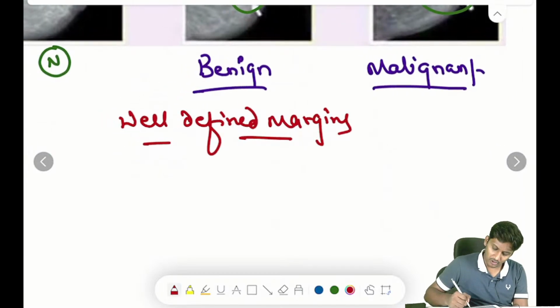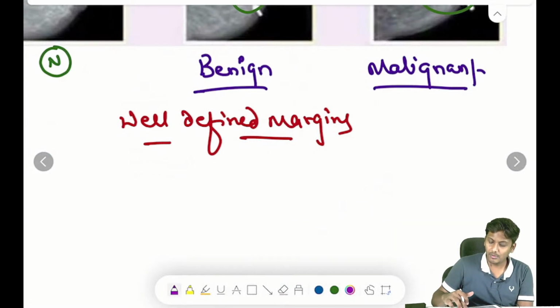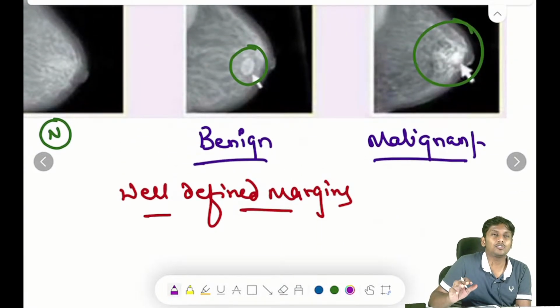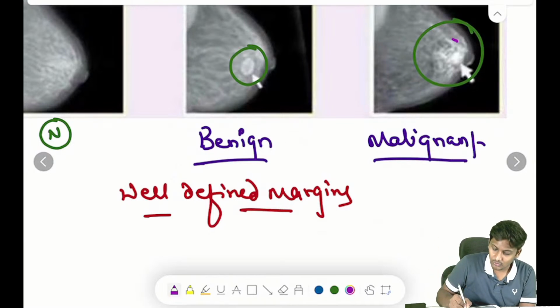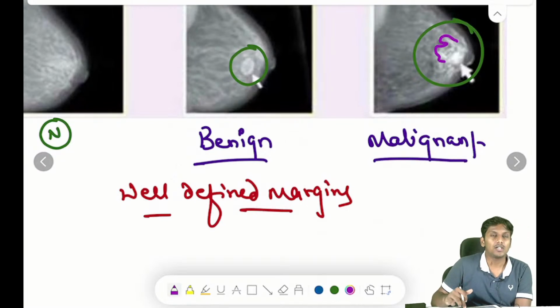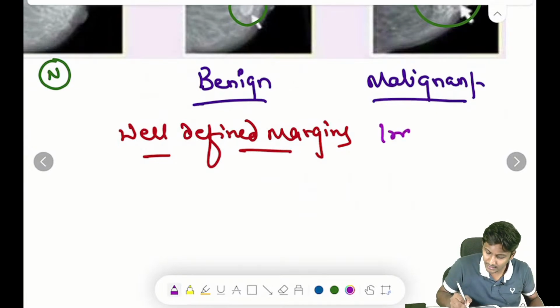Next, the malignant breast lesion. Here you have to remember that this lesion does not have a well defined margin, rather there are irregular margins. Can you see any clear margin? No, there are very irregular margins. Rather, spike-like margins are present, therefore these are irregular spiculated margins.